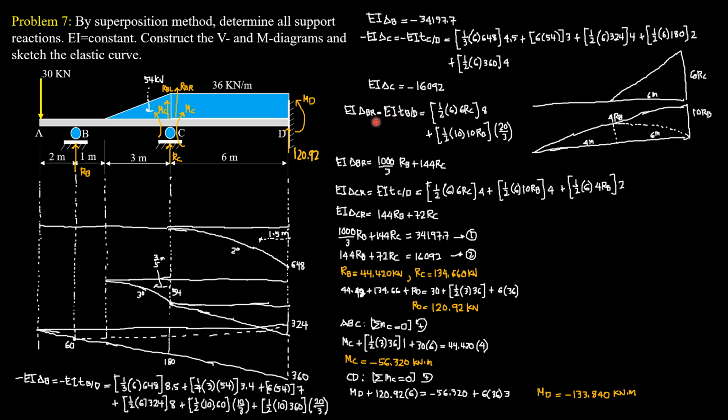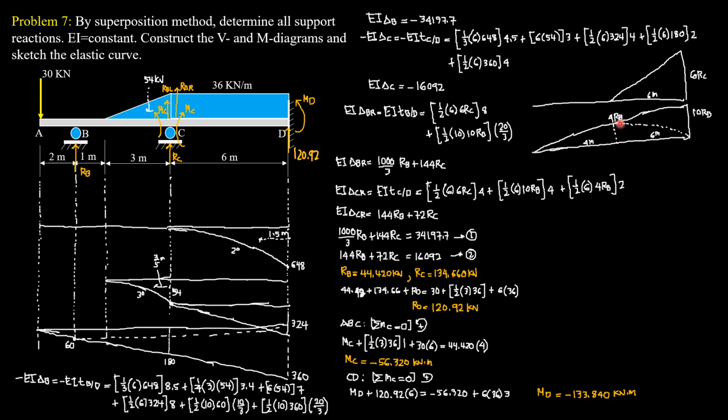So EI delta B due to the reaction is also EI deviation of B relative to D. So 1/2 of 6 times 6 RC. This distance is 2 meters, 1/3 of 6. Therefore, the distance of the centroid from B is 8 meters, because BD is 10 meters, so 10 minus 2 is 8.